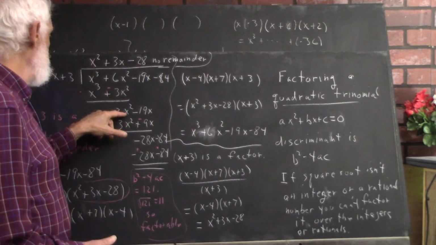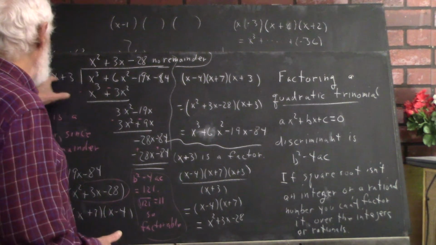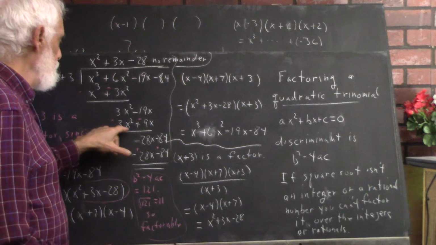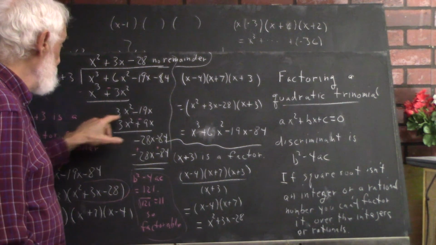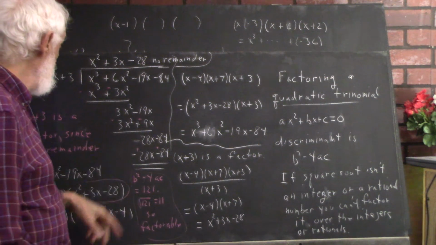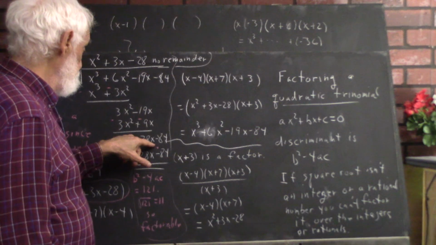Then x plus 3, x goes into 3x squared 3x times. Multiply 3x by x plus 3, get 3x squared plus 9x. You've got to subtract this from this, so you put little minus signs here to remind yourself. And you do that, you get negative 28x.